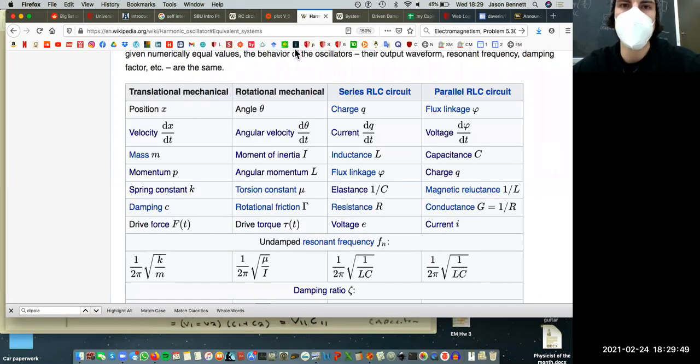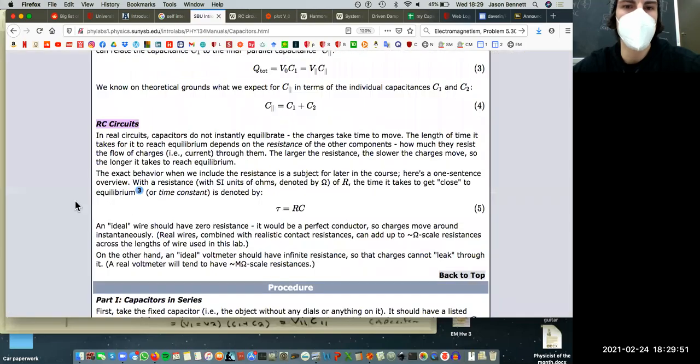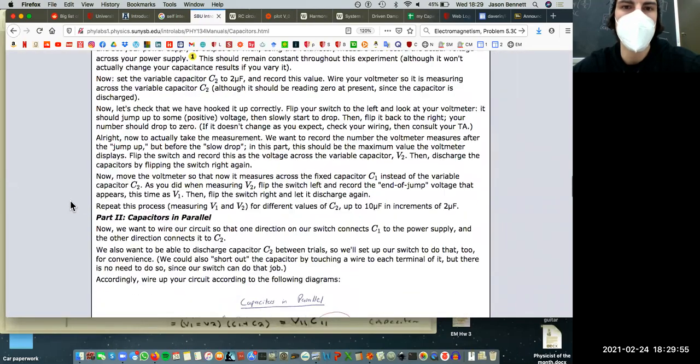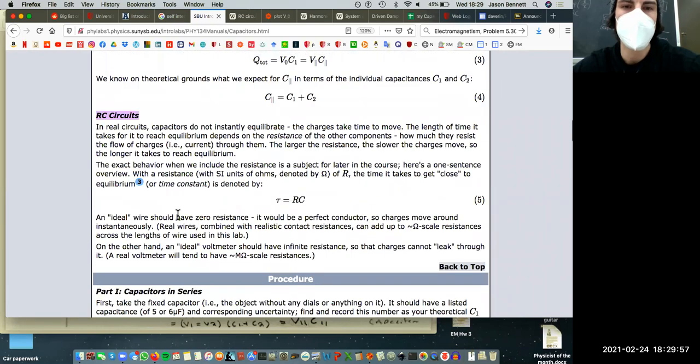It's not one of the discussion questions, but I'm going to make it one. I'll write it on the board, but it's basically how you can relate this equation to what you see on the oscilloscope.